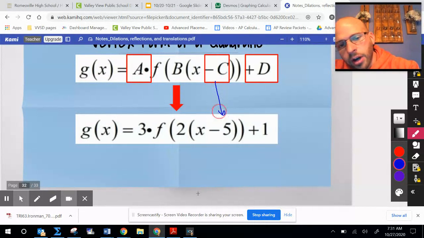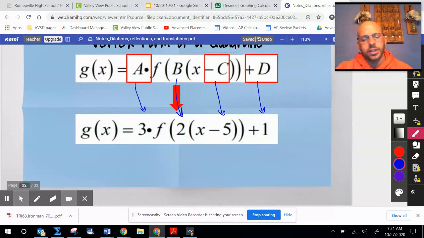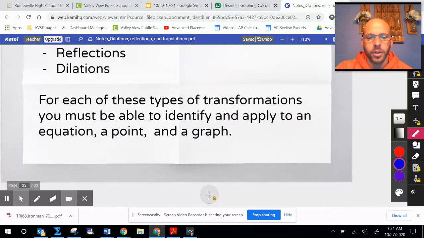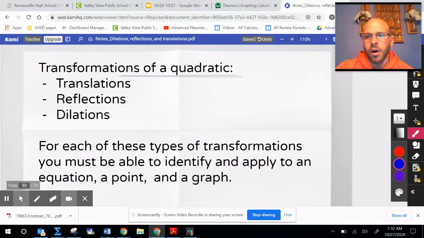Remember, our translations are what's being added and subtracted, and then we have our dilations when I have a multiplier inside and outside. Okay, anything inside is horizontal, anything on the outside is vertical. Okay, and that pretty much sums up all of our transformations, and we're going to be getting ready to take our QPC soon. Hopefully this helps.